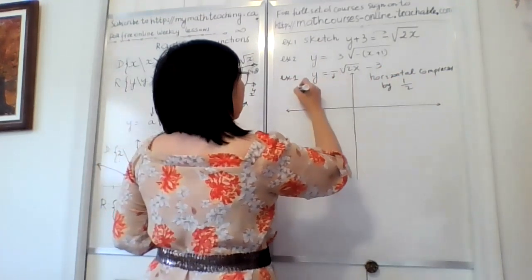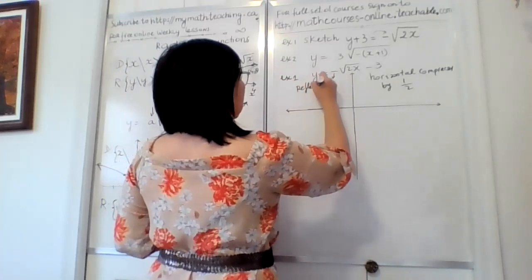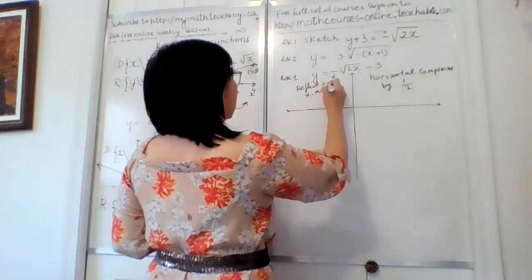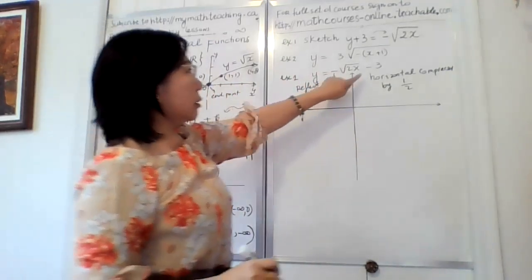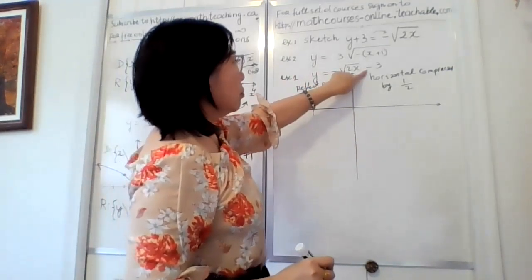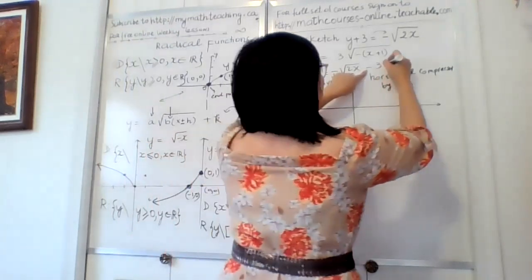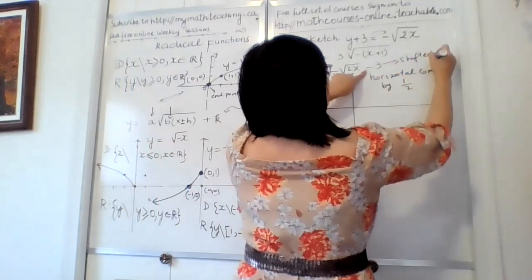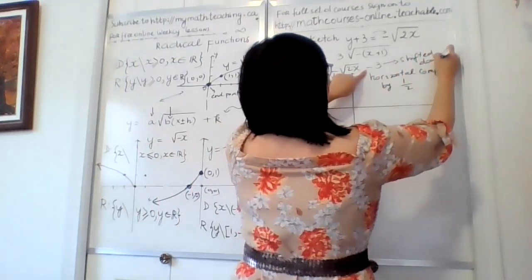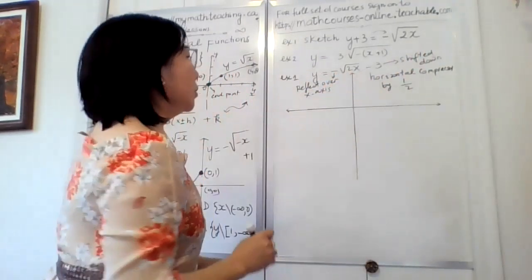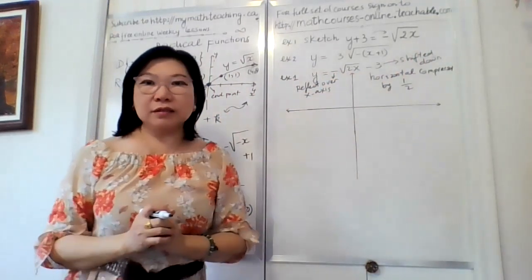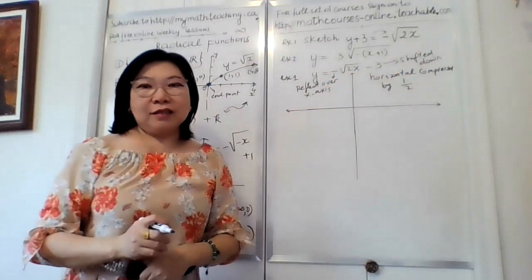So this is the reflection over the axis, and it will be shifted down by 3 units, right? So this will be shifted down by 3 units.